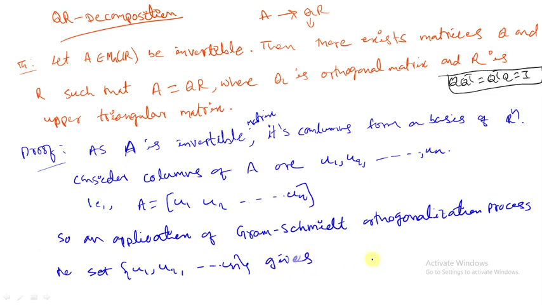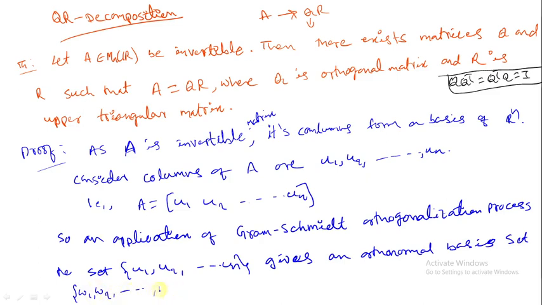Last class we discussed that this gives an orthonormal basis set w1, w2, and so on up to wn. This is a basis of Rn.